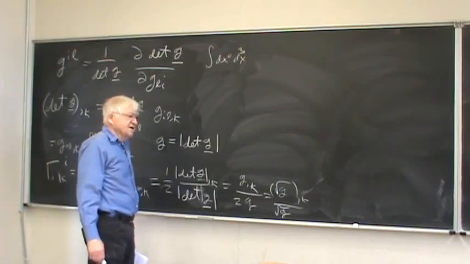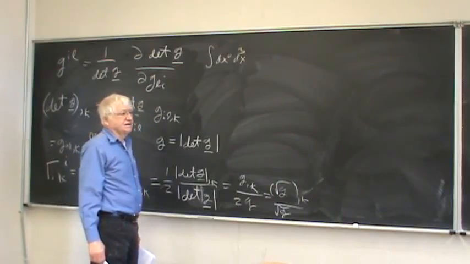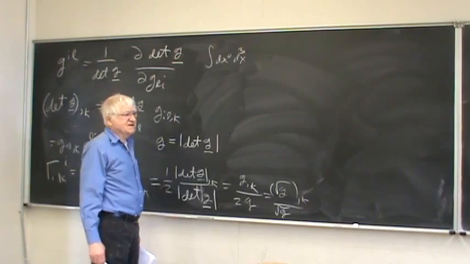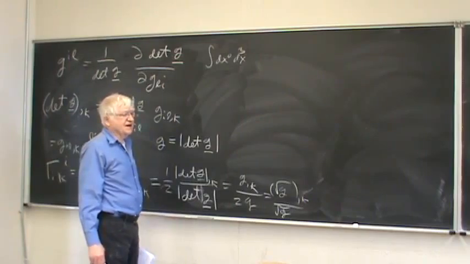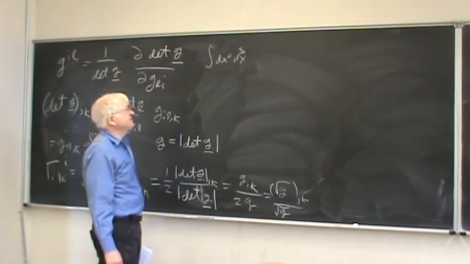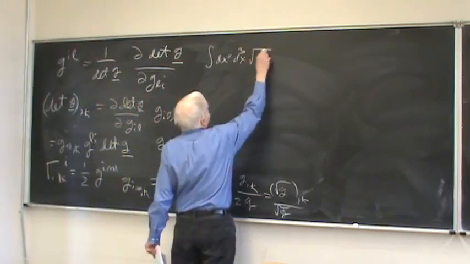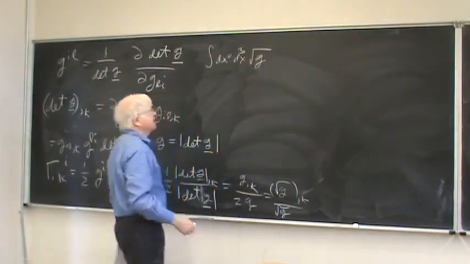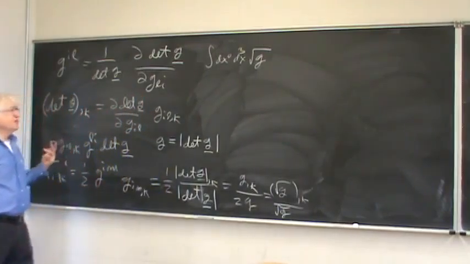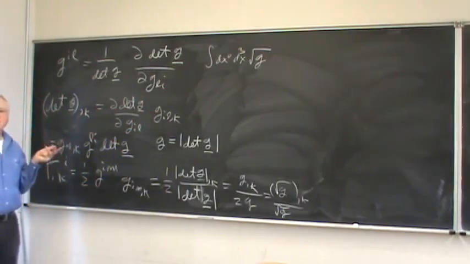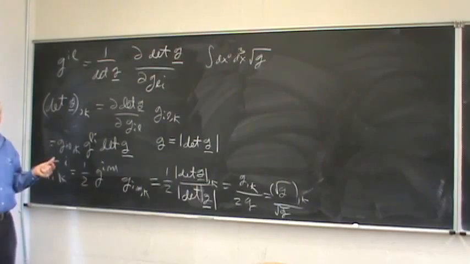If we want a space-time volume element that makes sense in GR, we multiply by the square root of G, and that gives us a volume element that's invariant under general coordinate transformations.